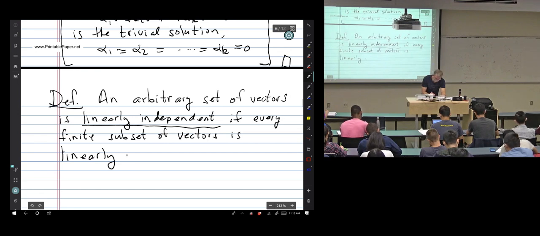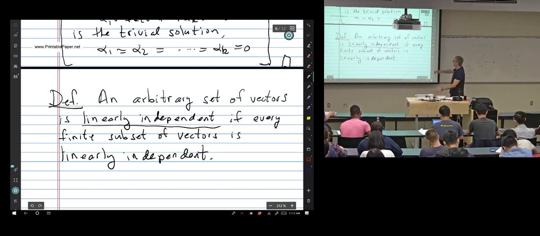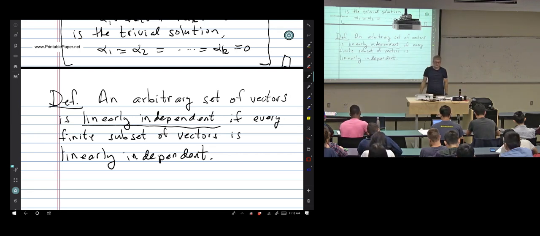Okay, so this one is totally abstract, but we'll use it. But the first thing I want to do is really illustrate how you check for independence and dependence of vectors.